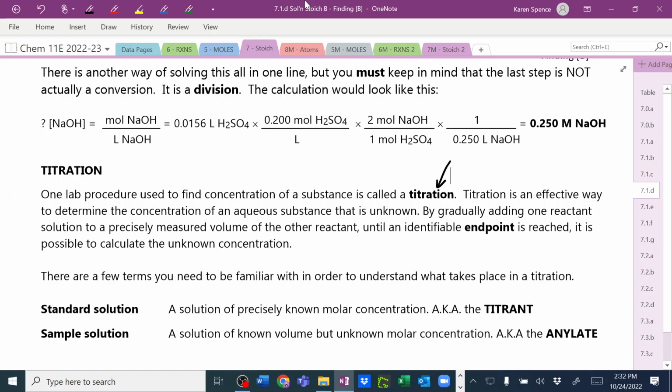You basically turn it on its side and you roll it as it drains out. Okay, and you can do it even slower than that, okay? And that will coat all the sides, and there we go. All right, so that takes care of that. It's been rinsed with water, it's been rinsed with sodium hydroxide.